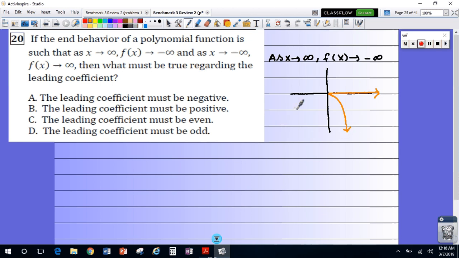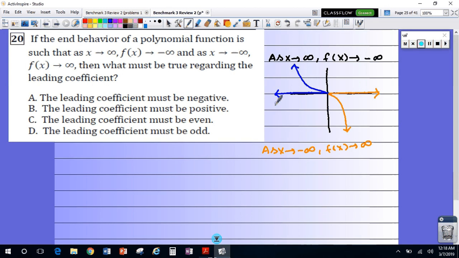Now, what is the second statement? As x tends to negative infinity, f of x is tending to positive infinity. So when you are going towards the left, your function is going upwards, in this way.